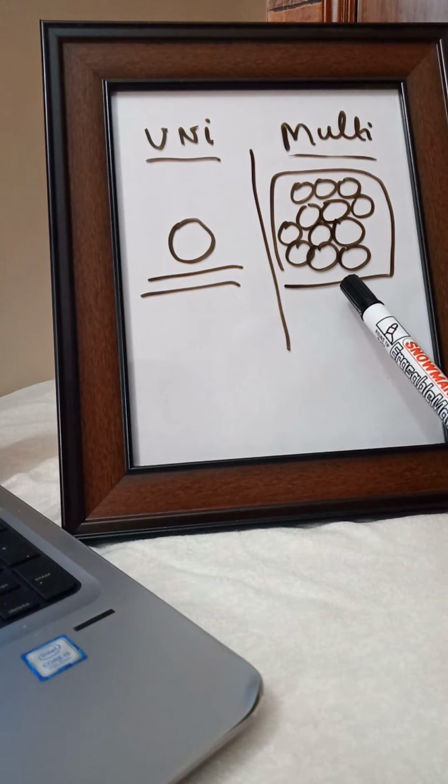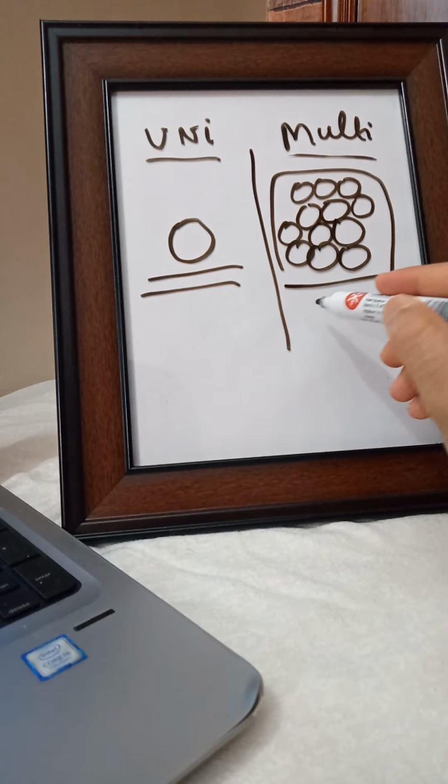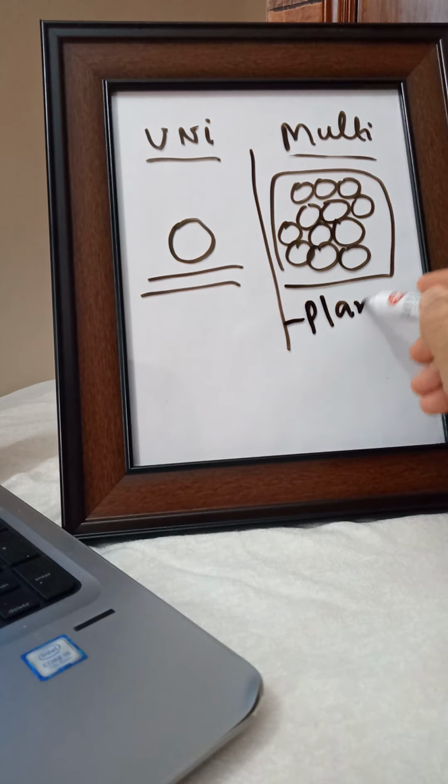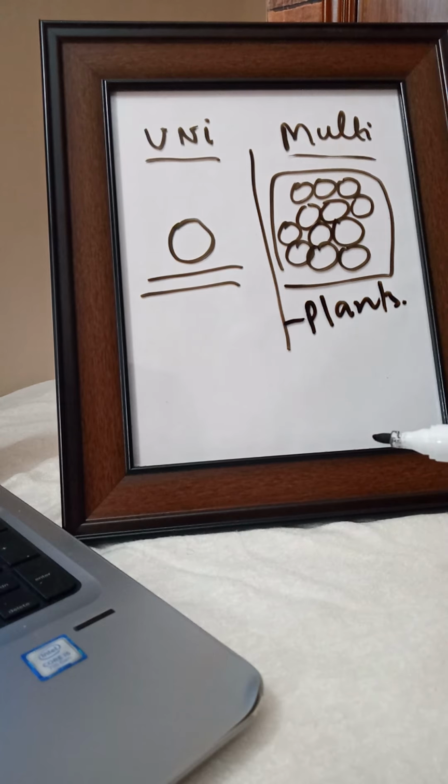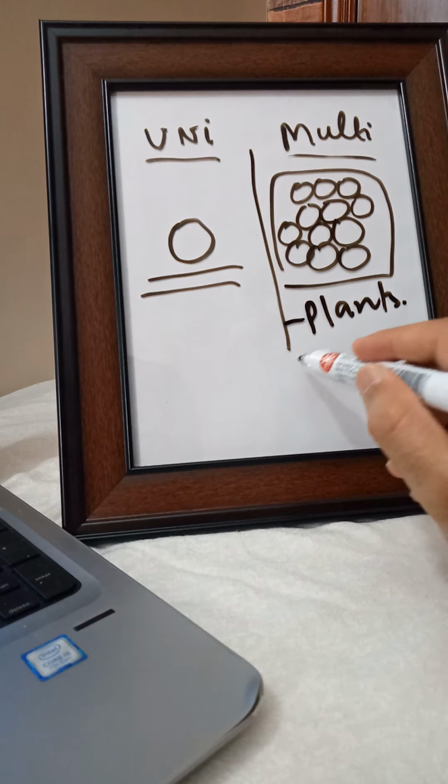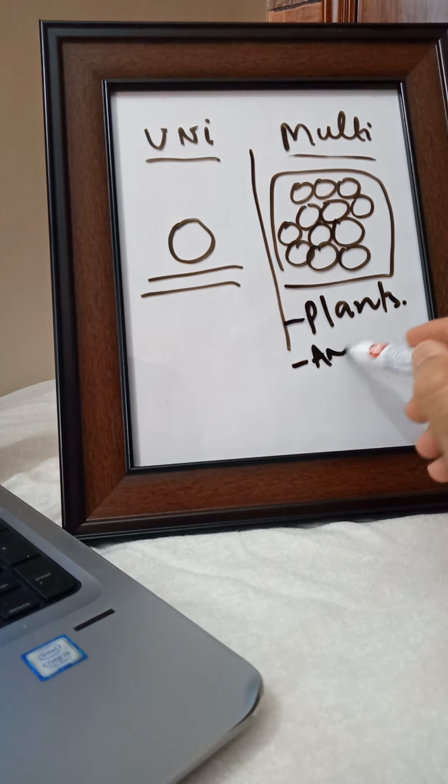So things become very easy then. You can take many examples. Let's say you are taking examples of multicellular organisms. I would put here plants. I can see plants very easily. I don't need any microscope to see them. That means plants are multicellular organisms, composed of millions of cells. And then animals.